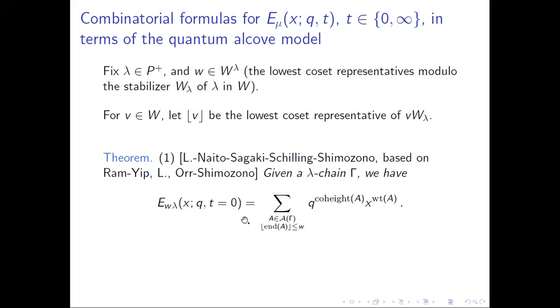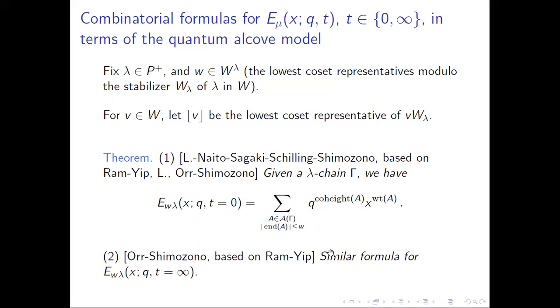When you specialize T equals 0, it just becomes a positive sum over the sets in the quantum alcove model, these admissible sets. But you only need to select those for which the end element, rounded down, is less or equal to W. And then you have the statistic Q to the co-height, X to the weight. So it's a nice explicit positive formula for the specialized Macdonald.